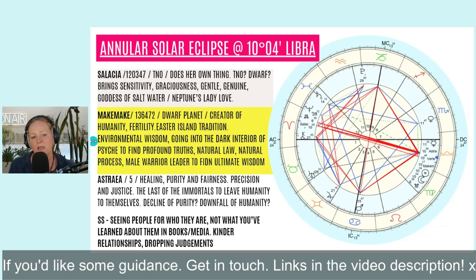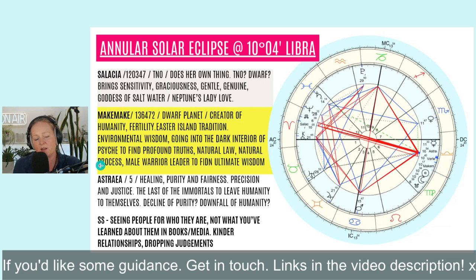Other themes that come up: MakeMake is about environmental wisdom, going into the dark interior of the psyche to find the profound truths of life. It's about natural law, natural process, and also about humanity and fertility. So this is interesting, that on one side of this eclipse we've got the earth wisdom and real strong earth energy, and on the other side we've got the water, the male and the female.